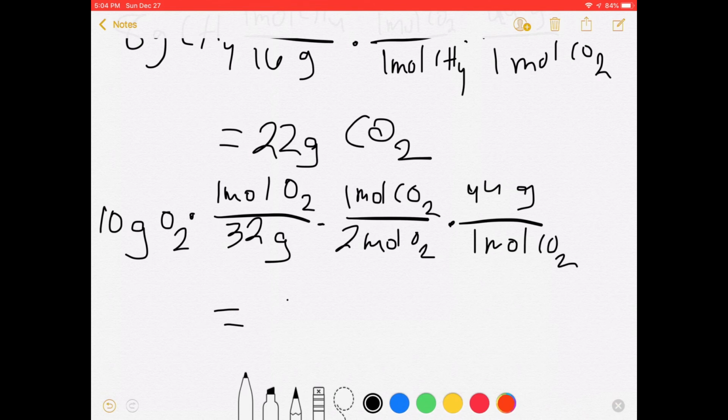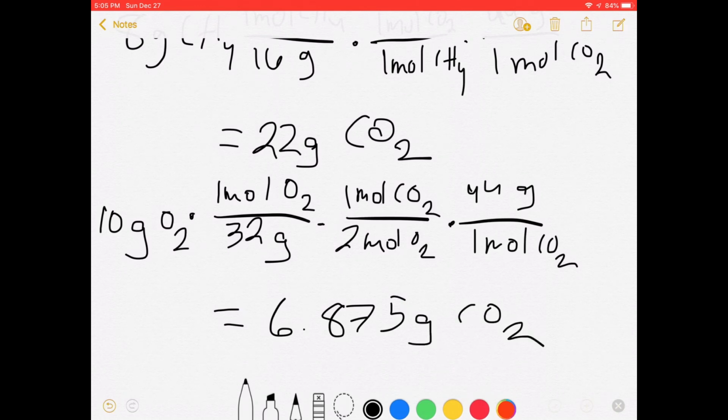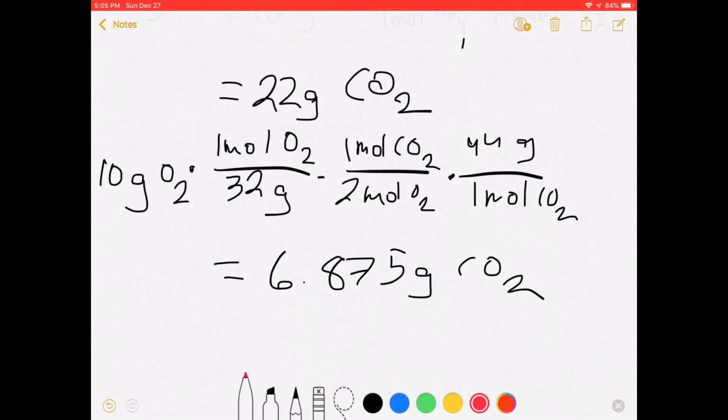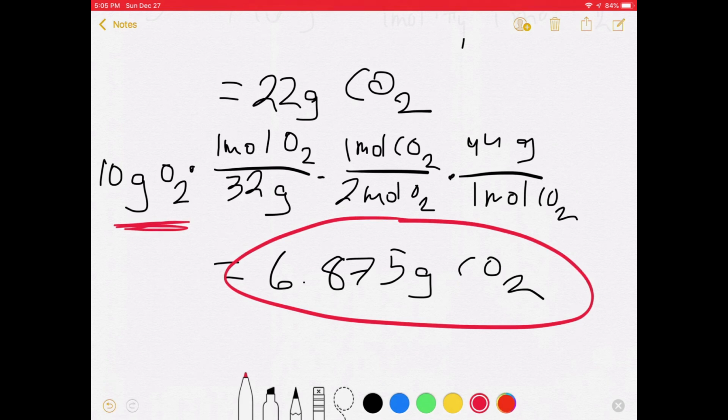So that is 10 times 44 divided by 32 times 2. And that gives us 6.875 grams carbon dioxide. So by a long shot, our limiting reactant is the 10 grams of O2. So in the end, we will produce 6.875 grams of carbon dioxide, and that is our theoretical yield.